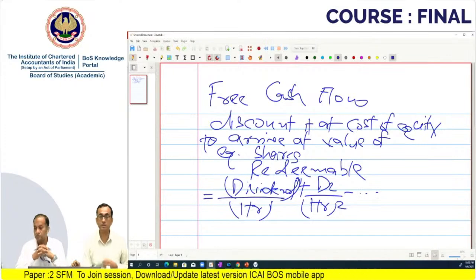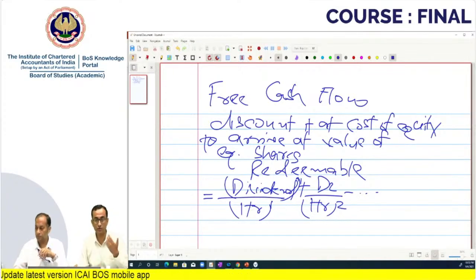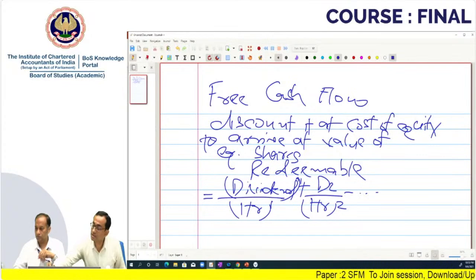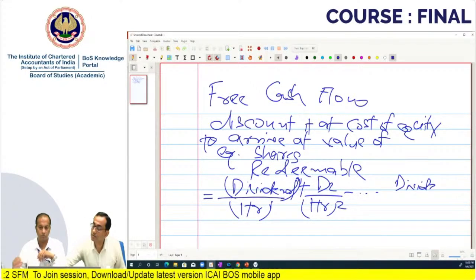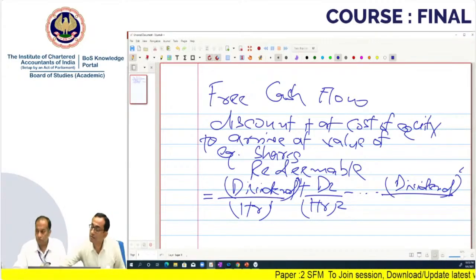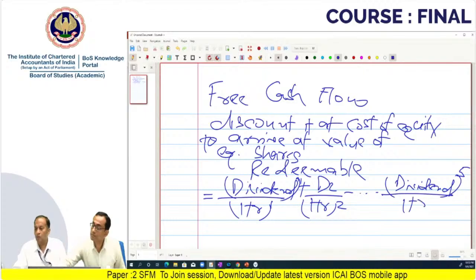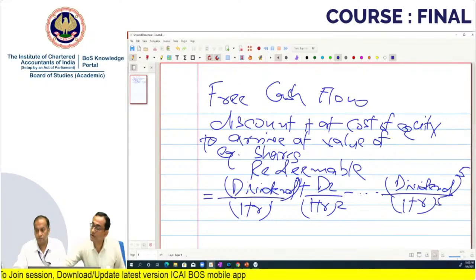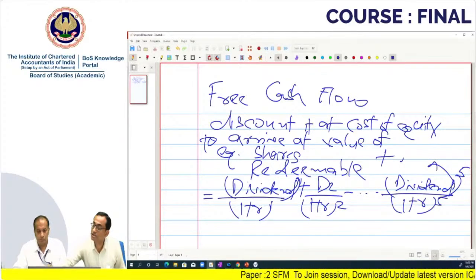For example, if the preference shares are issued for 5 years, then after the end of the 5 years, you apply the discount rate for the 5 years, and to these dividends you will add the maturity value also.